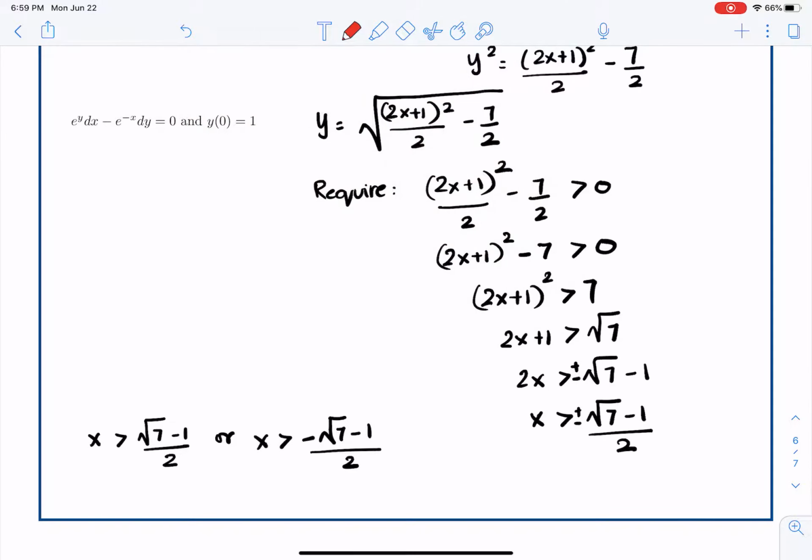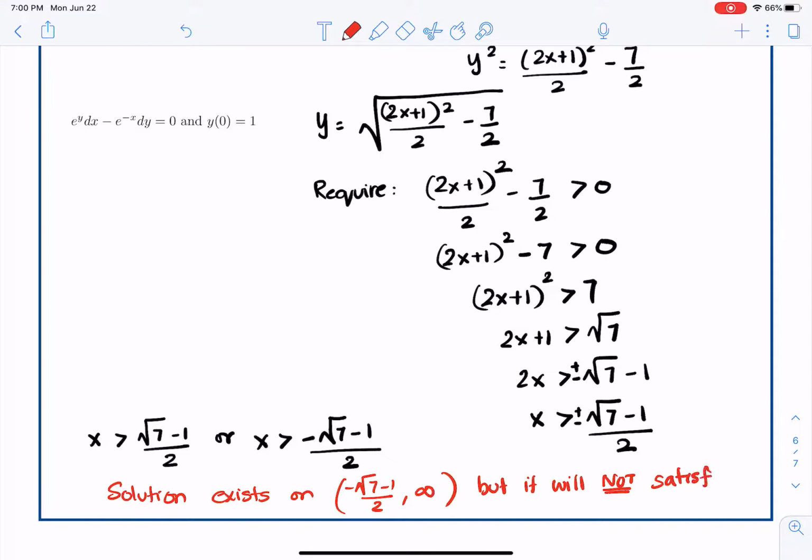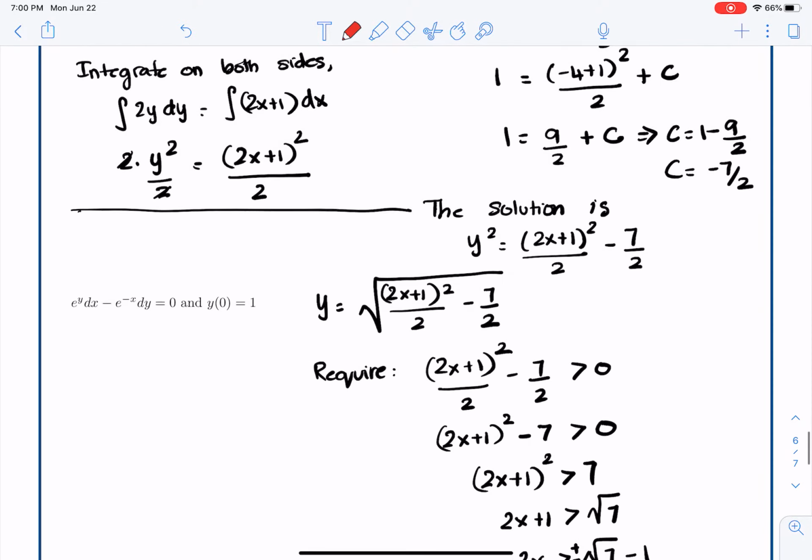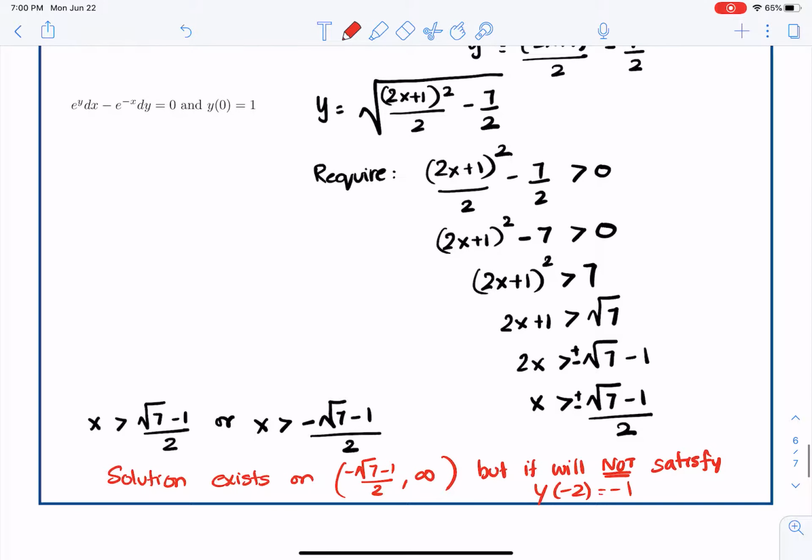So the solution exists on that, but it will not satisfy y of minus 2 equals minus 1. In other words, it wouldn't satisfy the initial value problem.